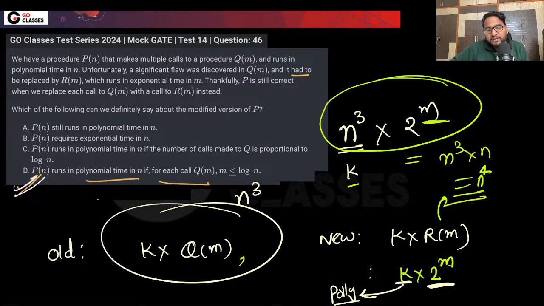Yeah, you can think in that way. You can think of the exponential as n power n, or m power m also. If it is less than or equal to log n, it will be a little complicated, but log n power log n versus n cube.